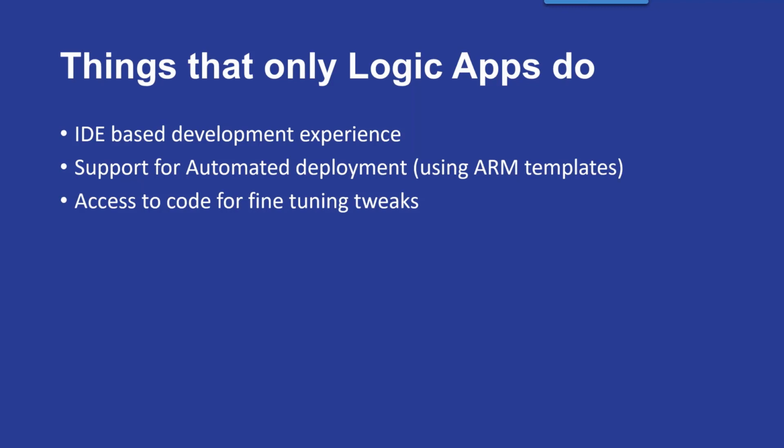The portal is going to show the most important, but finding and searching for them on the designer is sometimes quite tedious. It's easy to just go directly to the code and type what you need and only put like 5 out of those 100 items. That's something that you're only able to do on Logic Apps. You're not going to be able to do that kind of stuff on Flow.